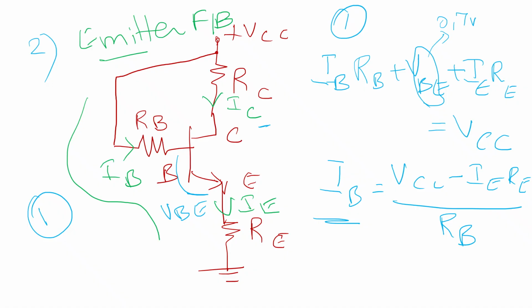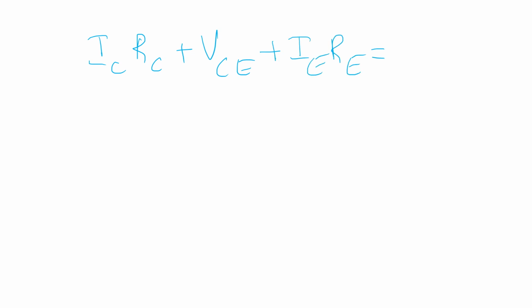And now let us try to find the value of IC. How will we frame the equation for that? The drop across ICRC, the drop across VCE, and the drop across IERE is equal to total VCC. I'll write the equation here: ICRC plus VCE plus IERE is equal to VCC. So you can find the value of any resistor or current.